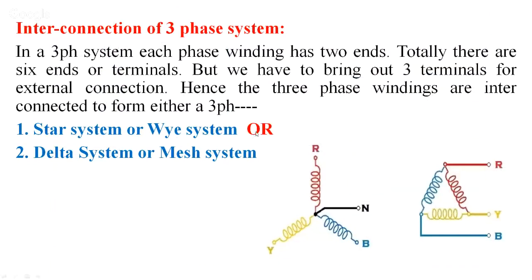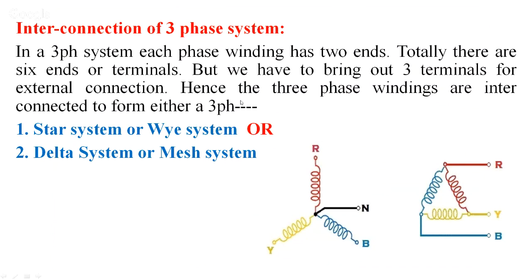Next, interconnection of three-phase system. In a three-phase system, each phase winding has two ends. So totally there are 6 ends or terminals. But we have to bring out only 3 terminals for external connection.